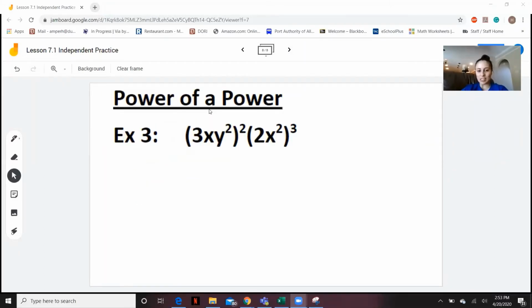So this is the last example. This is kind of combining power of a power and product of powers. So hopefully, if you were confused about something that I talked about in a previous example, seeing it again might be able to help. So here we have 3xy squared to the second power being multiplied by 2x squared to the third power.